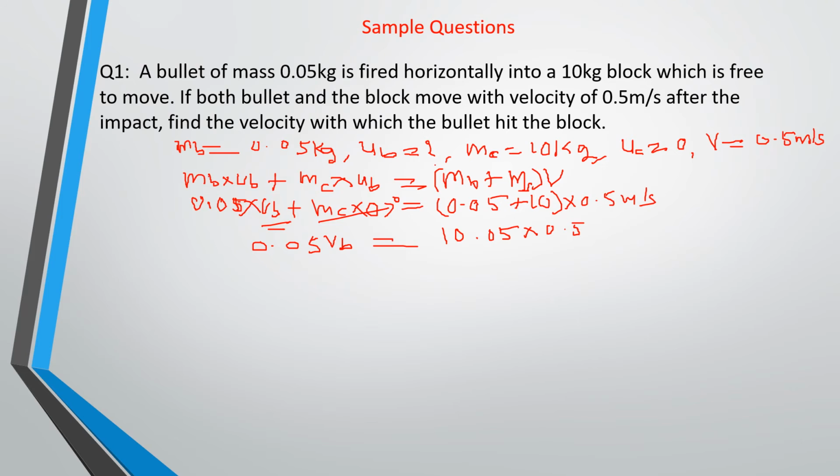When you do this multiplication, it will give you 0.05 UB equals 5.025.